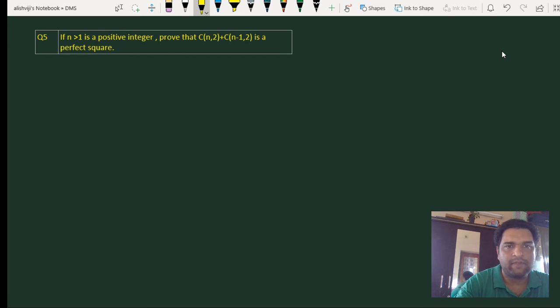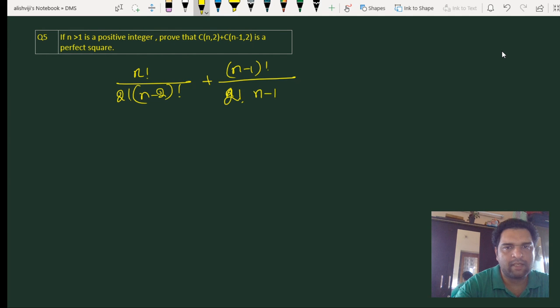We just substitute the values of nC2 and (n minus 1)C2, that is n factorial divided by 2 factorial into n minus 2 factorial, plus n minus 1 factorial divided by 2 factorial into n minus 1 minus 2 factorial.